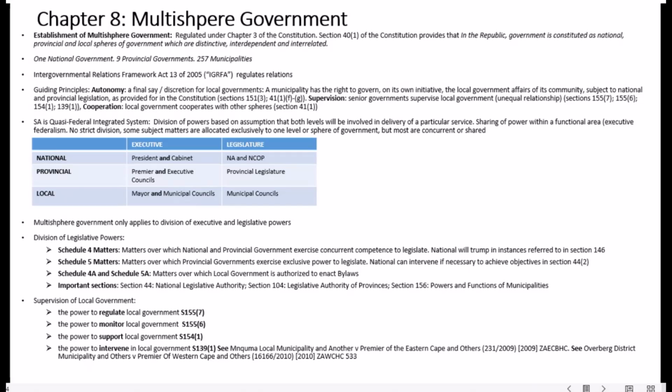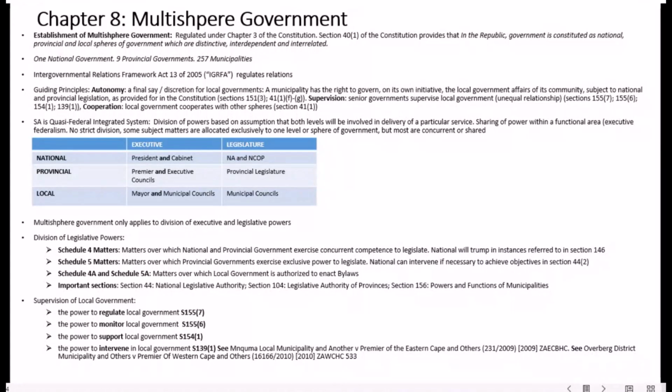There's a sharing of power within functional areas. There's no strict division. Some subject matter are allocated exclusively to one level of government, but most are concurrent or shared. So we see that concurrency, even though there are elements of a federal state, especially between national and provincial government.